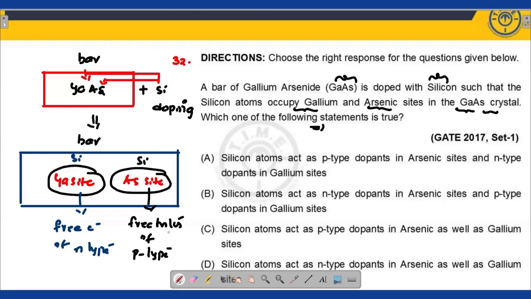Then ultimately, the option is that silicon atoms act as a p-type dopant in arsenic sites and n-type dopants in gallium sites. This is right. Here p-type dopants in arsenic sites and n-type dopants in gallium sites. So the option is this one. The rest of the options are wrong.